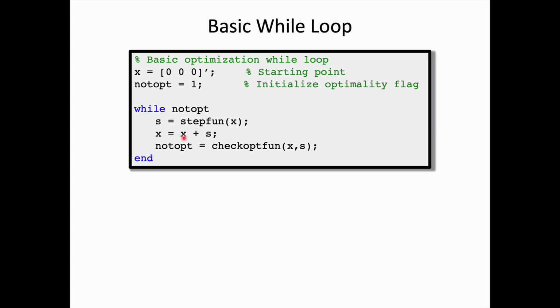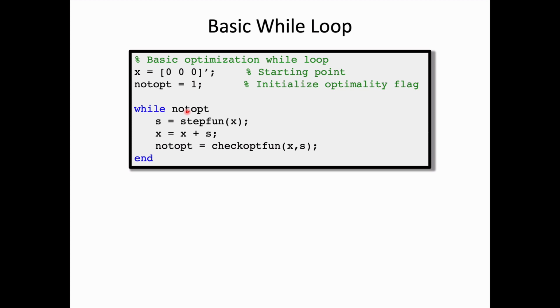We take our current point x, we add the step, and we get a new point x. And suppose we have another function where we check whether we actually have an optimal point. We're going to have a little taste of how this might actually be done a little bit later in this video. And depending on what we find out, if we find out that it is optimal, then not opt is going to be 0 or false, and then we can stop.